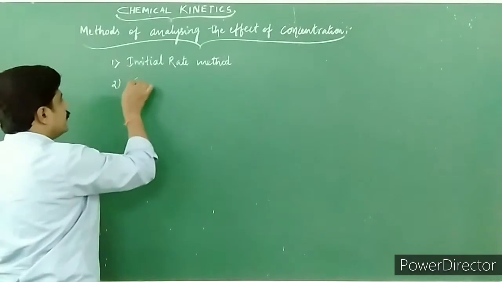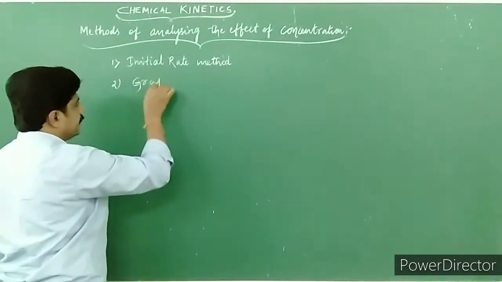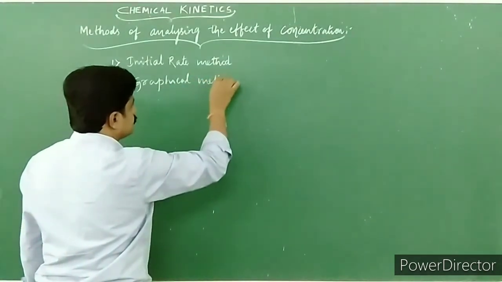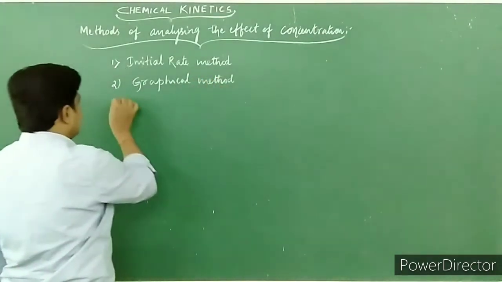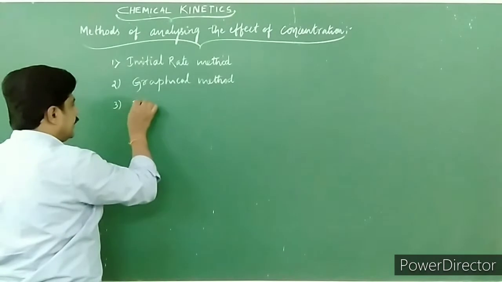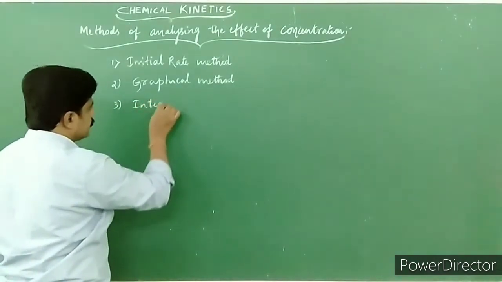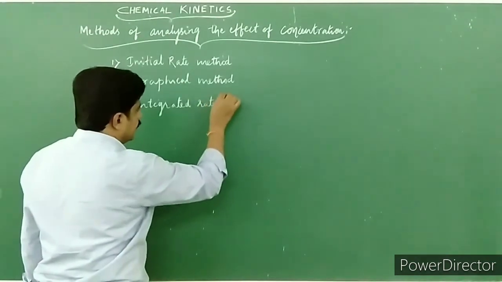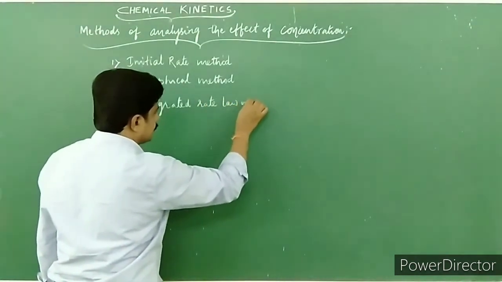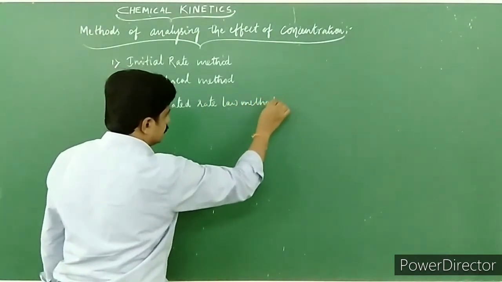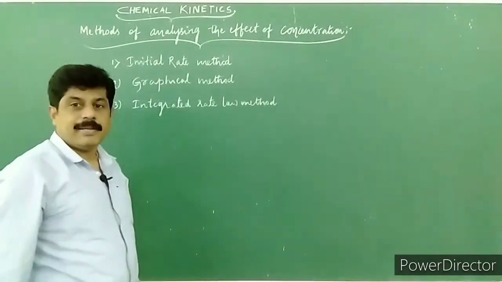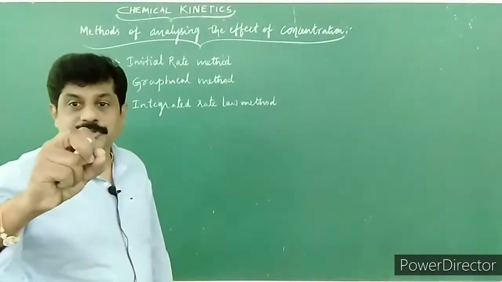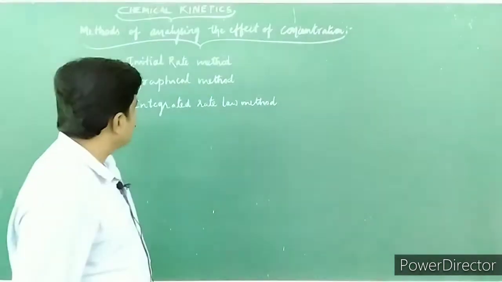Number two, graphical method. Number three, integrated rate law method. So these are the three methods by which you can analyze the effect of concentration on rate of a reaction.